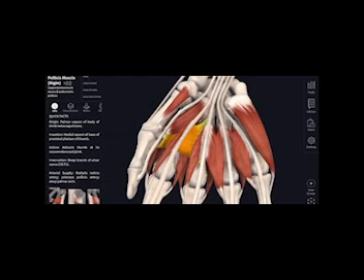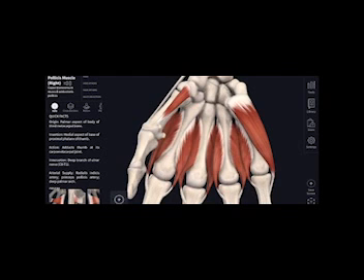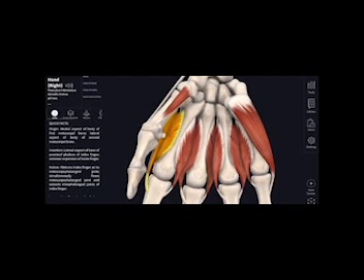We don't really have an extrinsic muscle which helps us do adduction of our thumb, so only intrinsic muscles. The first one is adductor pollicis, as we saw. And the second muscle which will help us do the adduction of our thumb is going to be the first dorsal interosseous, which is this one.